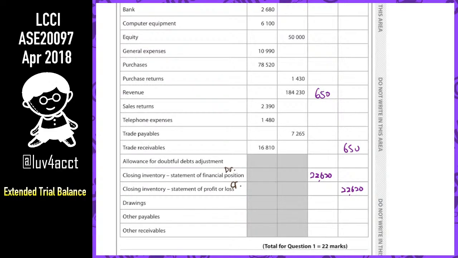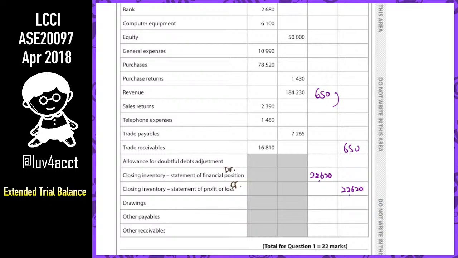Anyway, sales returns. In the mark scheme, it put in the sales returns as well, but not sales.